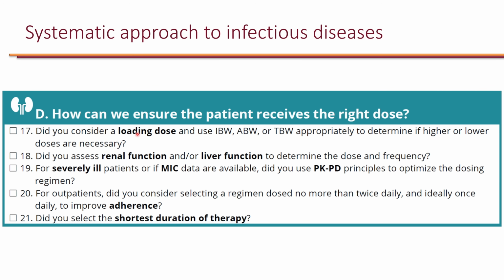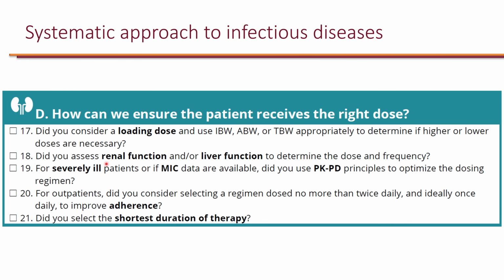In general, you may consider a loading dose, if it applies to the antimicrobial agent, and you want to make sure that you use appropriate body weight. Sometimes some agents are dosed based on ideal body weight, sometimes adjusted body weight, and sometimes total body weight. So you want to make sure you are using the correct weight when calculating the dose.